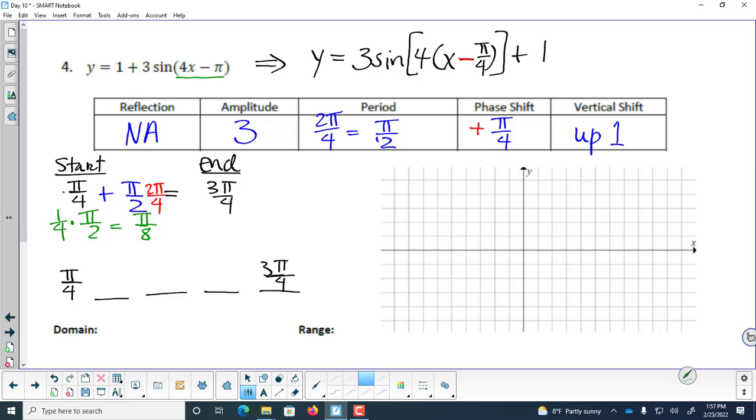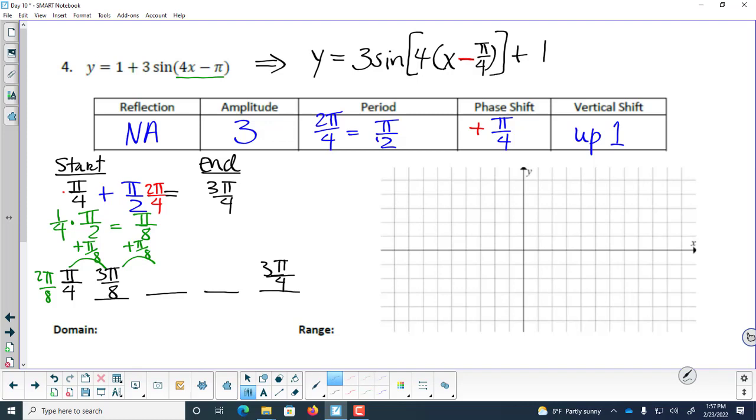So that's what you're doing. Each of those are spaced pi over 8 units apart. So you are going to add pi over 8, add pi over 8, right? You're just going to keep adding, okay? I like to get a common denominator and just keep adding in the same denominators and then reduce. So this would be how many? 2 pi over 8? So 2 pi over 8 plus 1 pi over 8 is 3 pi over 8.